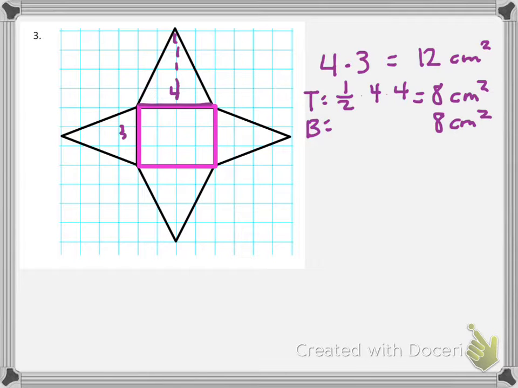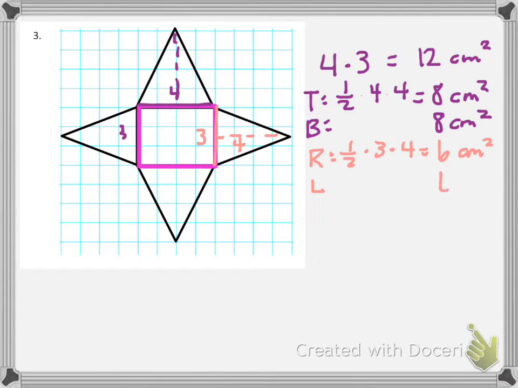And then, let's get another color here. Let's do the right and the left side. Well, this is a base 3 with a height of 4. That height is 4. So the right side and the left side, the right side is 1/2 times the base 3 times the height 4, and half of 12 is 6 centimeters squared.